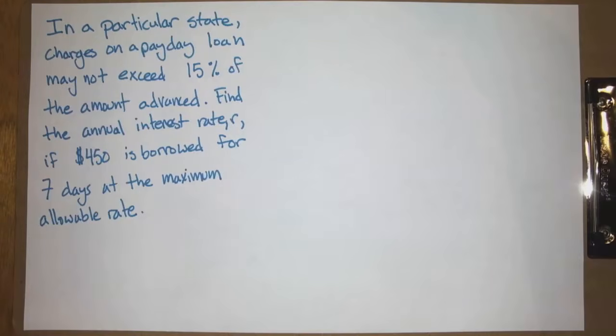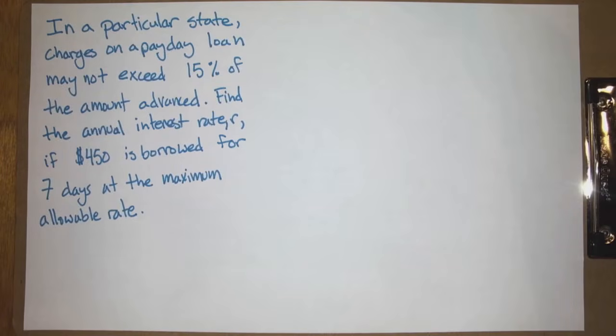Let's start with the problem based on last time. In a particular state, we won't name names here, charges on a payday loan may not exceed 15% of the amount advanced. So the idea of a payday loan is you just need money for a couple of days. You're getting a paycheck soon, but I need to pay off an expense right now.